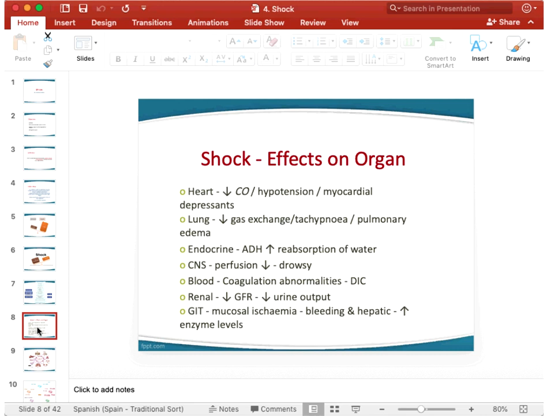The central nervous system is going to be poorly perfused, so the patient is going to feel drowsiness and eventually loss of consciousness. Now, in the blood, we're going to have coagulation abnormalities because our blood flow won't be the same. The renal function, of course, is going to deteriorate, diminishing the urine output, and everything will be damaged.